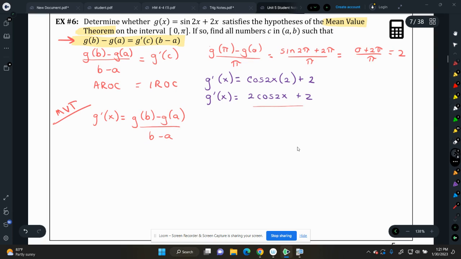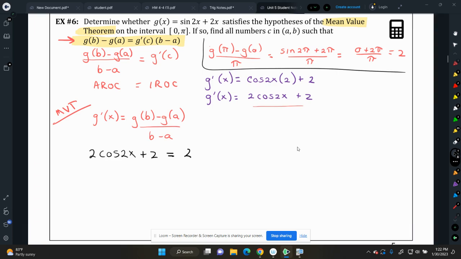Okay, let me see. G prime of x. So that's 2 cosine 2x plus 2 equals this. So equals 2. There you go. All right, so we have 2 cosine 2x plus 1 equals 2.